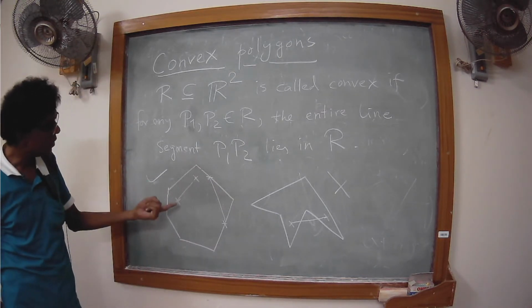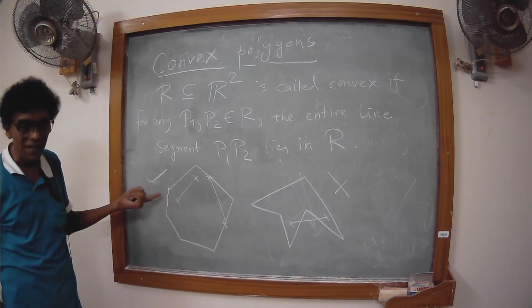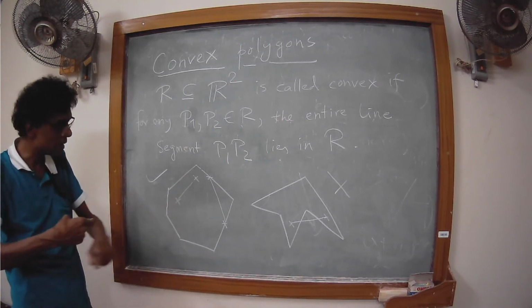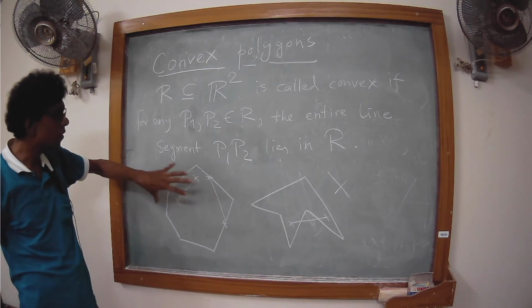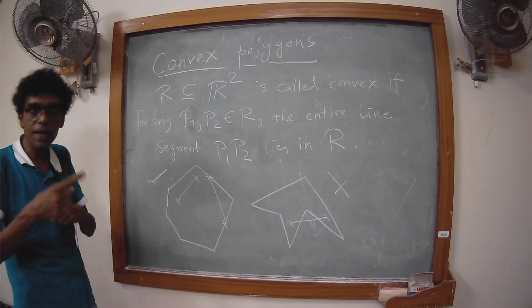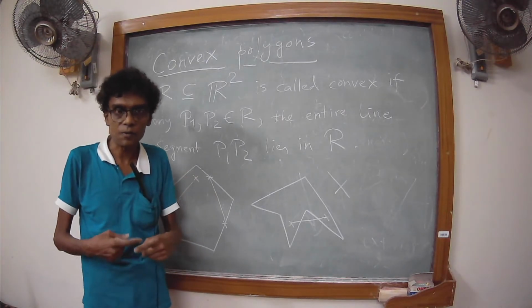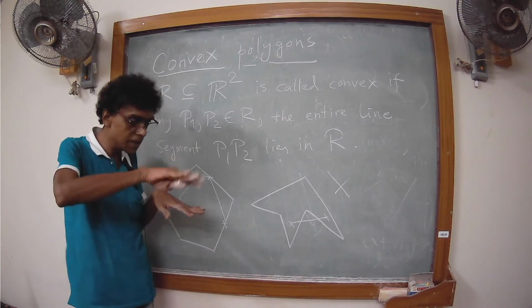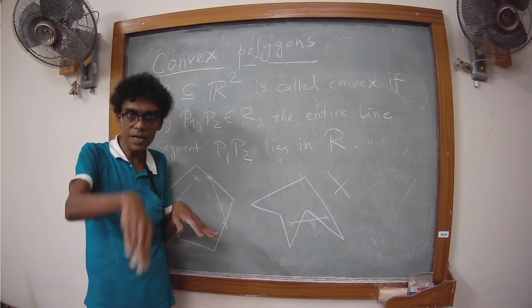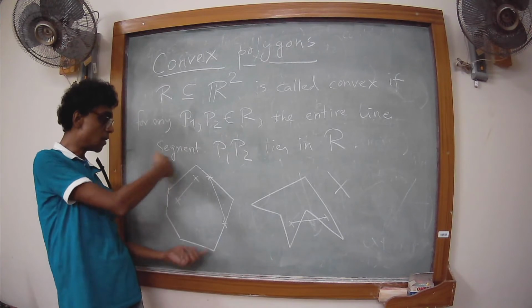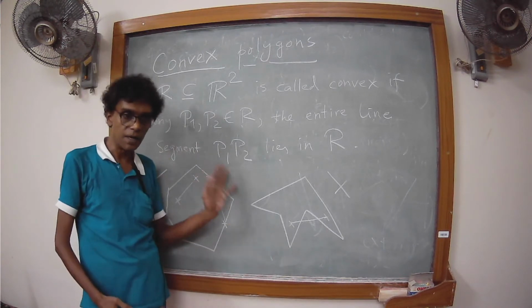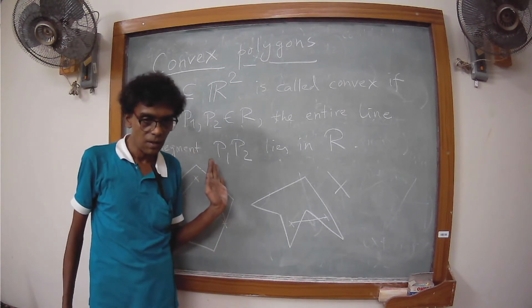If I am dealing with a convex polygon, then this is basically the clockwise orientation. For a convex region or for a convex polygon, definitely I can talk about clockwise and anti-clockwise. Clockwise is the same as the region interior being to my right. Anti-clockwise or counterclockwise means the interior is to my left.